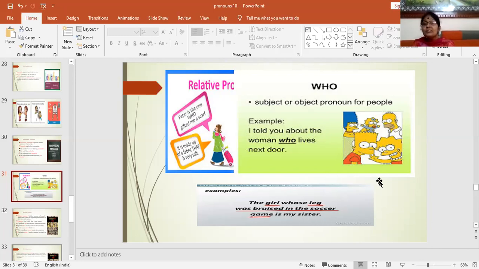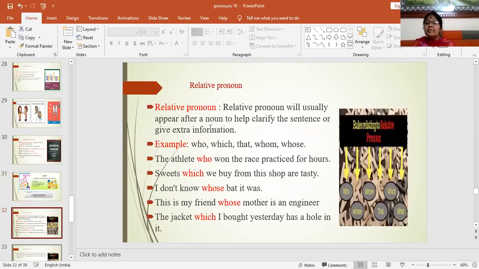So what do these sentences tell us? They show the relationship, right? That is, they are called relative pronouns. They usually appear after a noun to help clarify the sentence or give extra information.